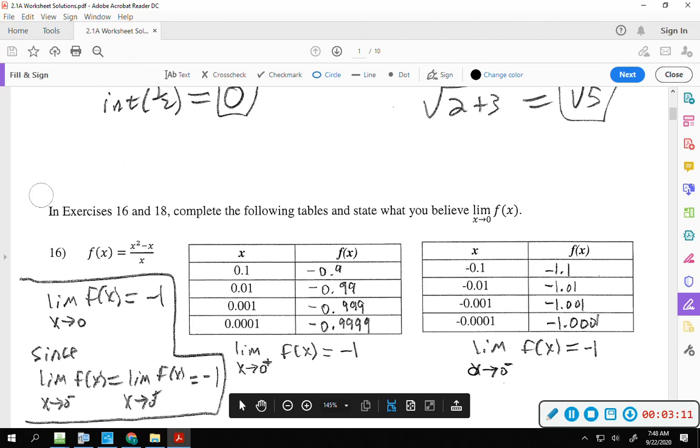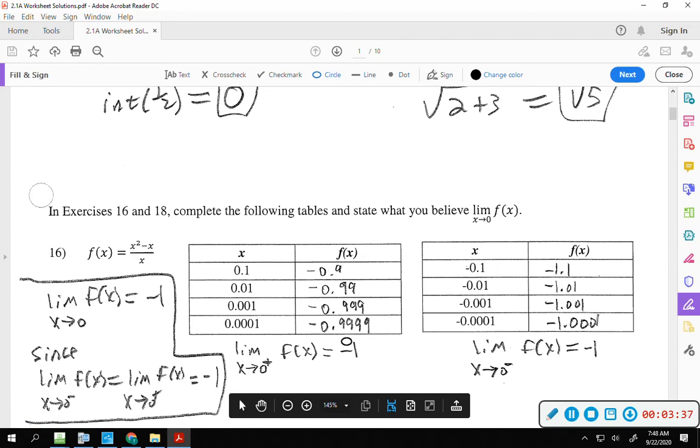The limit as x approaches 0 from the left of f of x also equals -1. If the left-hand limit equals the right-hand limit, then that is the limit. So the limit as x approaches 0 of f of x equals -1. The justification for it is always the same: since the limit as x approaches 0 from the left of f of x equals the limit as x approaches 0 from the right of f of x.